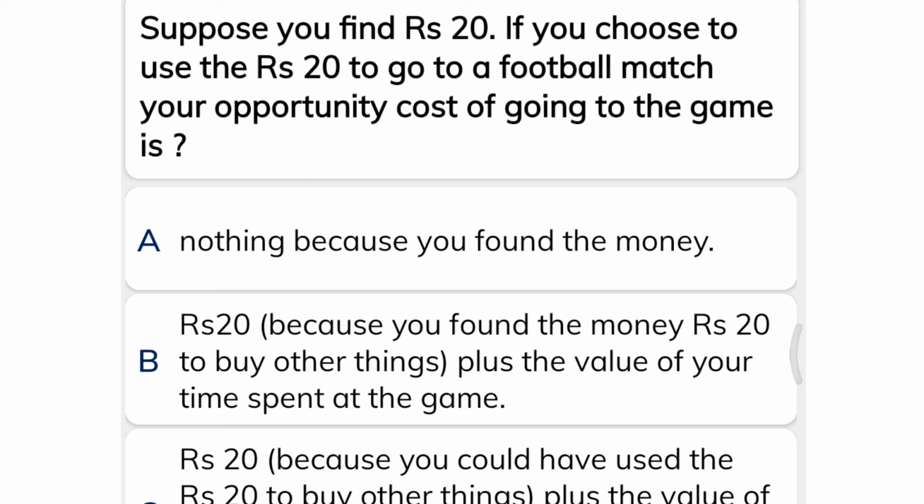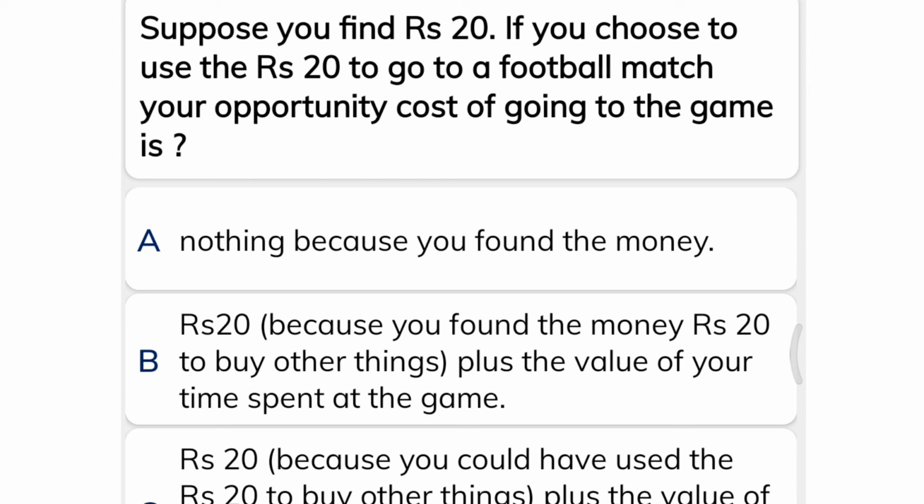Suppose you find ₹20. If you choose to use the 20 rupees to go to a football match, your opportunity cost of going to the game is option A, nothing because you found the money. Option B, ₹20 because you could have used the money to buy other things, plus the value of your time spent at the game.